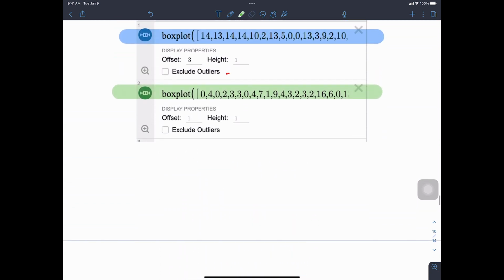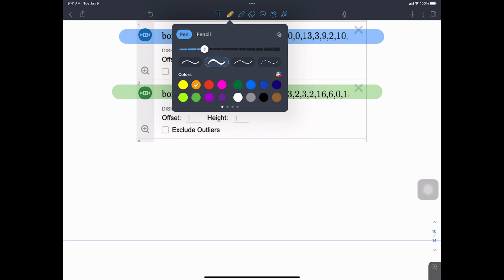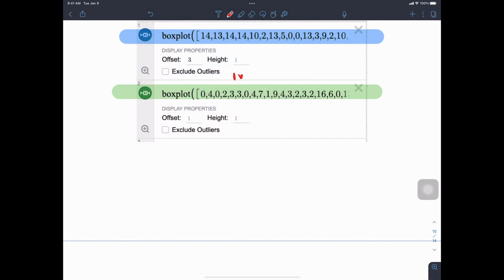In both situations, we didn't throw out the outliers, so the outliers are included. It just means that there may not be any outliers.